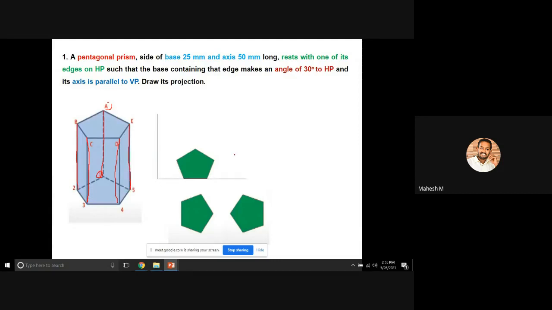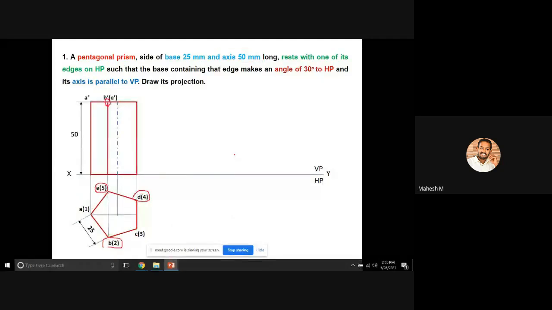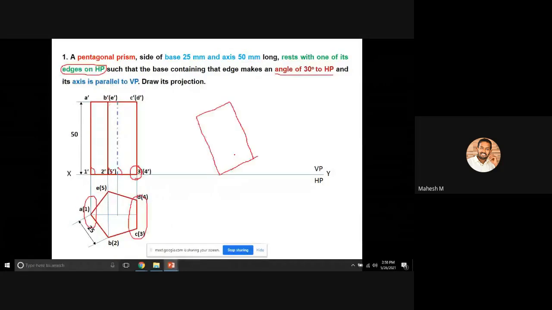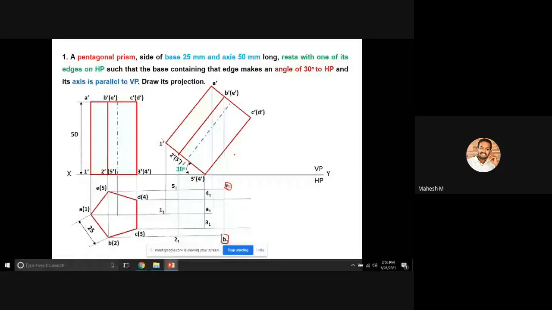So you'll have 5 vertical lines. You have to mark these 5 vertical lines exactly on the inclined top view. Now you have connected all the points, so now you have to create the vertical lines.